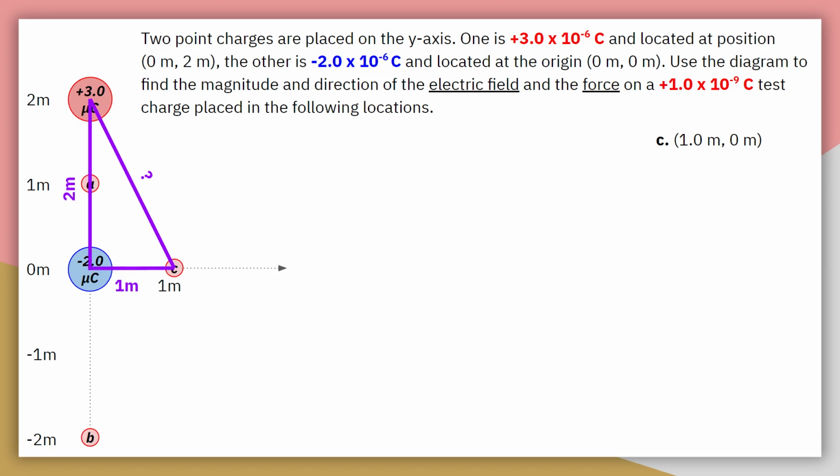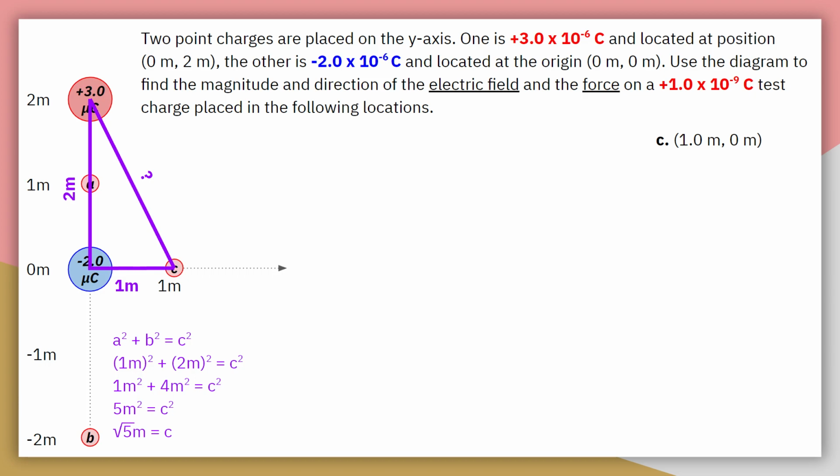However, we know that this shape could be a triangle, particularly seeing as we have an x and a y axis, so this is specifically a right triangle. We know the base there is 1 meter, we know the height is 2 meters. If we use Pythagorean theorem, a squared plus b squared equals c squared, we can end up solving for the hypotenuse, which would be the square root of 5 meters.